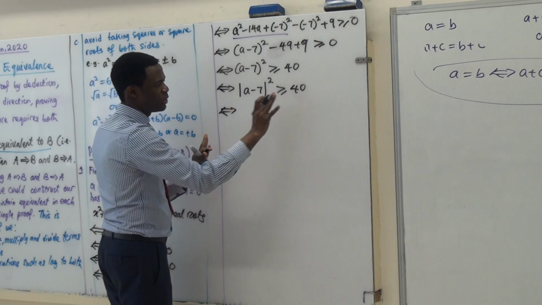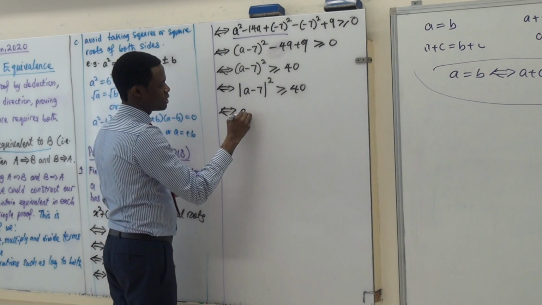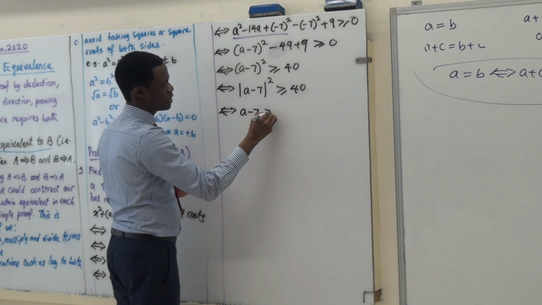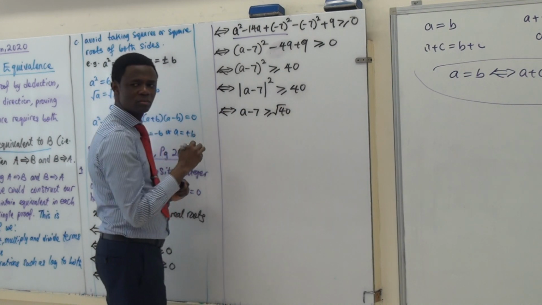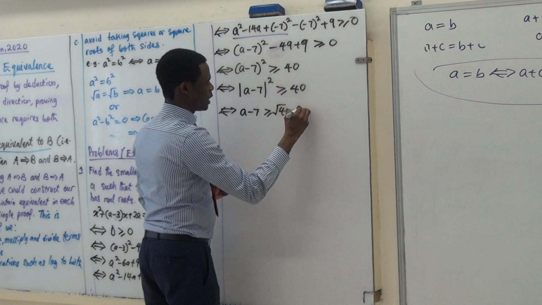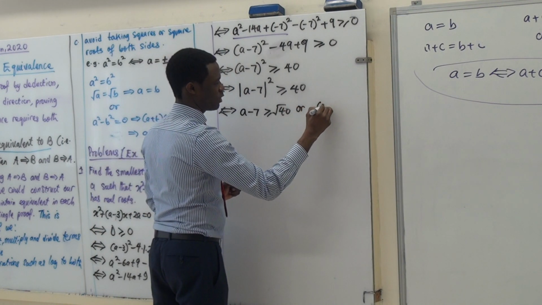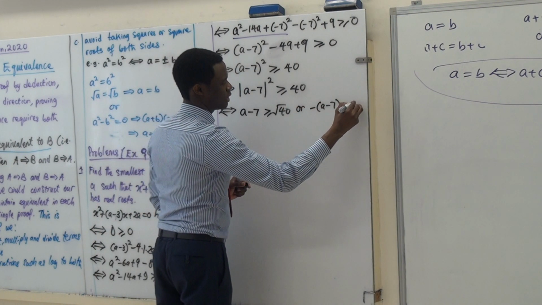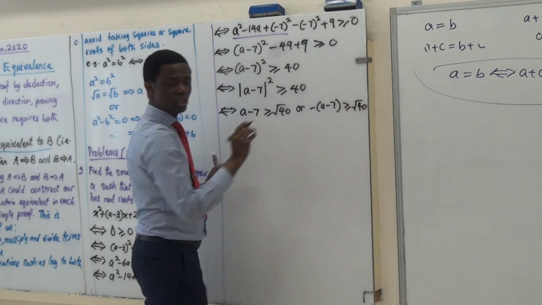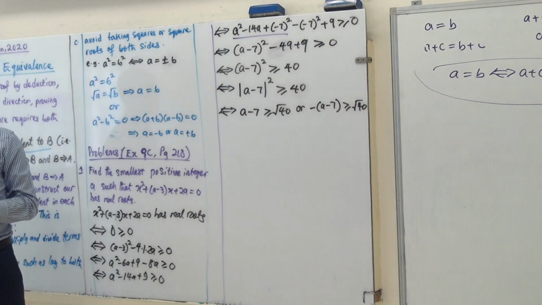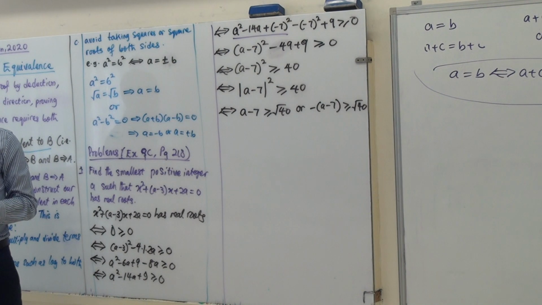So, there are two possibilities this will give me. One is that a minus 7 will be greater than square root of 40. The other is that negation of a minus 7 is greater than or equal to square root of 40. So it's either of these cases. Do you understand?